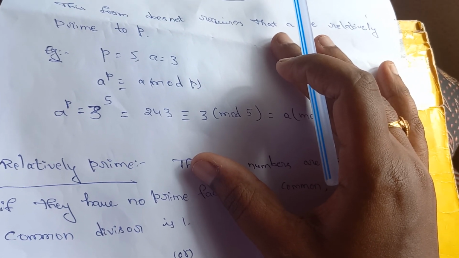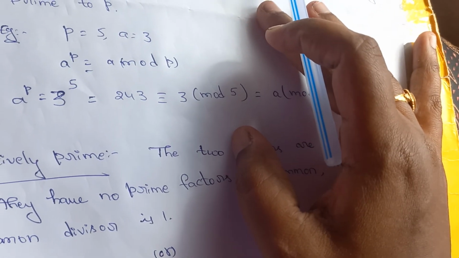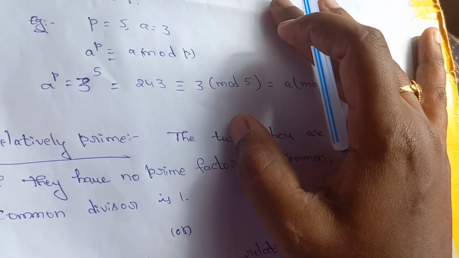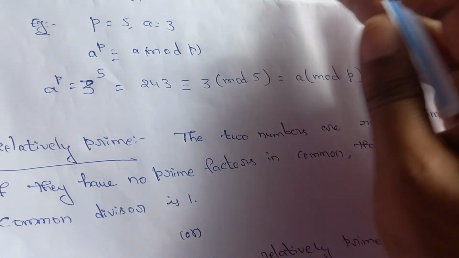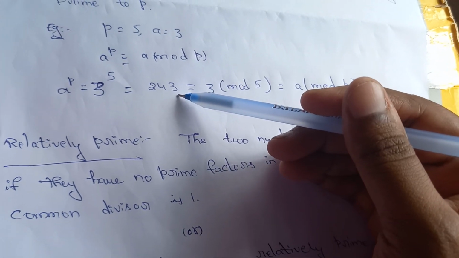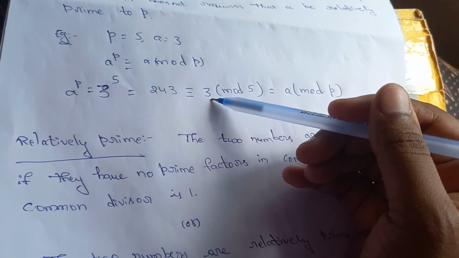3 power 5 equals 243. If you perform 243 mod 5, you get the remainder 3, so we are taking 3 mod 5.